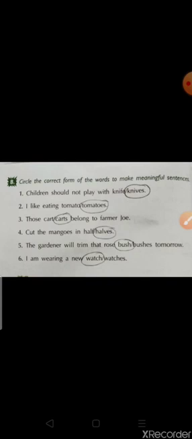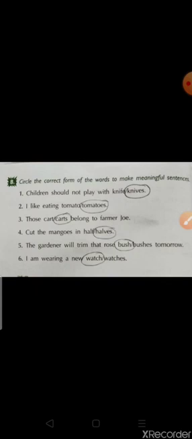Those cards belong to Farmer Joe. Circle cards. Fourth: cut the mangoes in half or halves. Circle halves. Fifth: the gardener will trim that rose bush or bushes tomorrow. Circle bush. Sixth: I am wearing a new watch or watches. Circle watch.